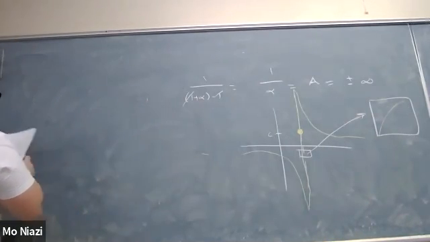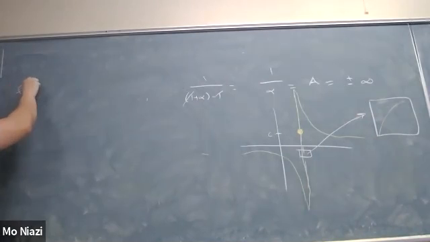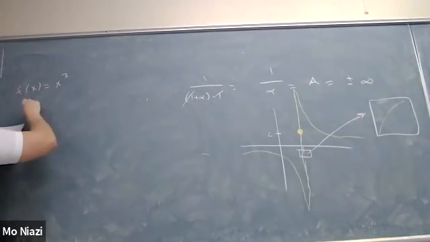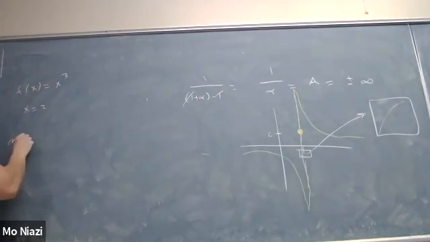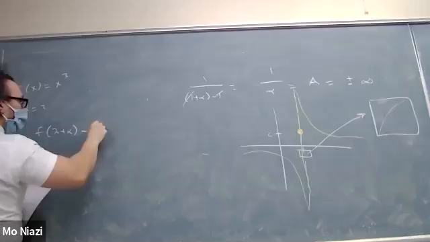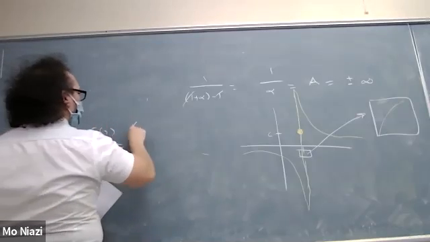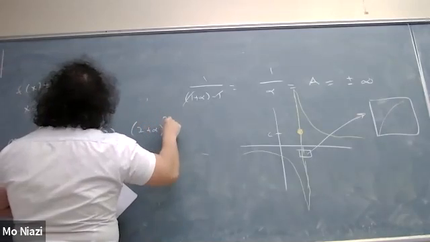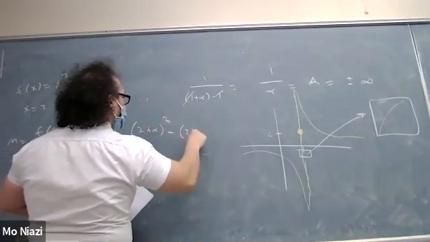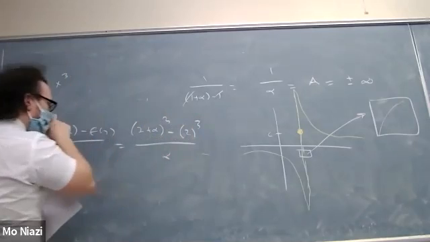What is the slope of the tangent line to this function at x equals 2? Again, m is equal to f of 2 plus alpha minus f of 2, all over alpha. So this becomes 2 plus alpha cubed minus 2 cubed, all over alpha.